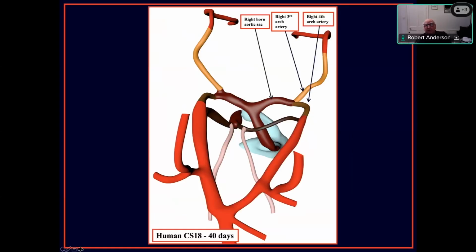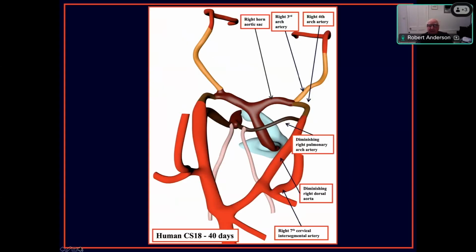It then continues as the right fourth arch artery, which connects to the right-sided dorsal aorta, which continues to diminish in size and feeds the right cervical intersegmental artery. And these parts are going to remodel to form the right subclavian artery.